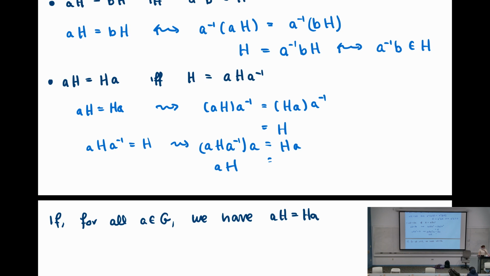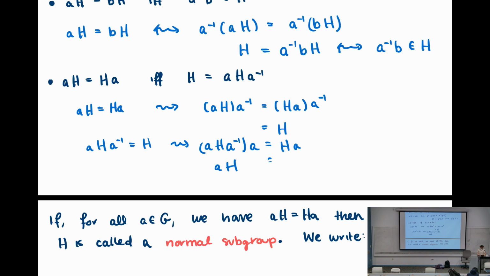So if for all a in G we have this property, then H is called a normal subgroup. And we'll see that this turns out to be a very important condition. And so we write this as H and then a triangle G.